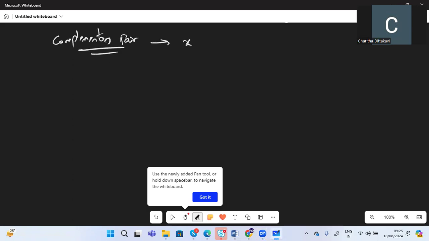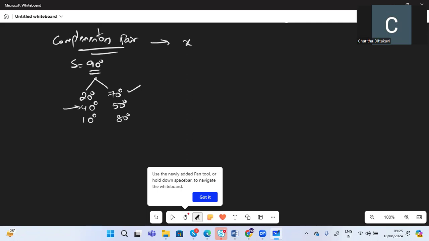Suppose we have one angle x, what is its complementary pair? How are we going to do that? See, as I said, if the sum is 90 degrees, they are complementary. When one is 20 degrees, the other will be 70 degrees. When one is 40 degrees, the other will be 50 degrees. One will be 10 degrees, the other will be 80 degrees. And how are we doing that? When one is 20, the other will be 90 minus 20, that is how you are getting your 70.